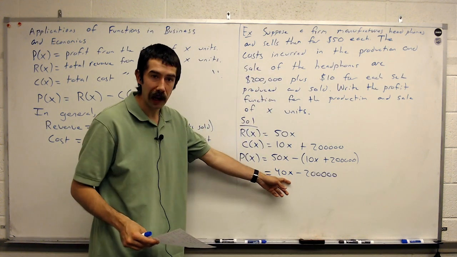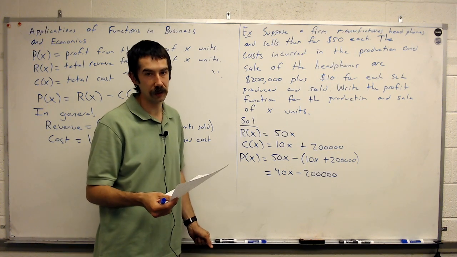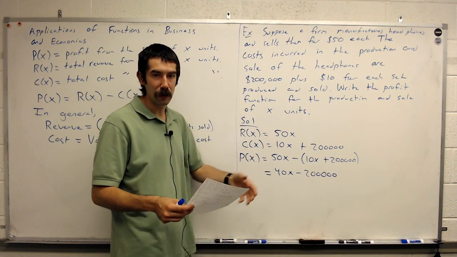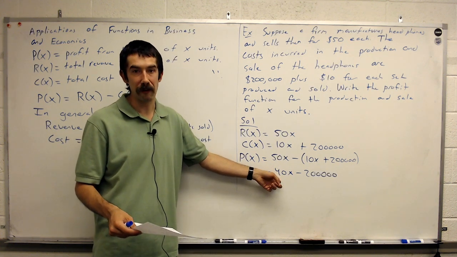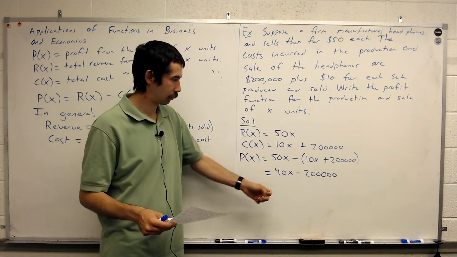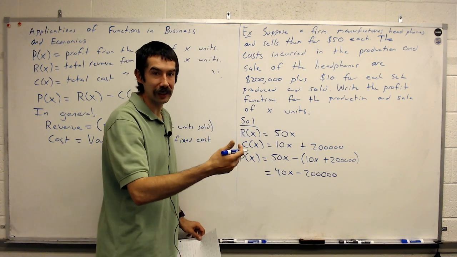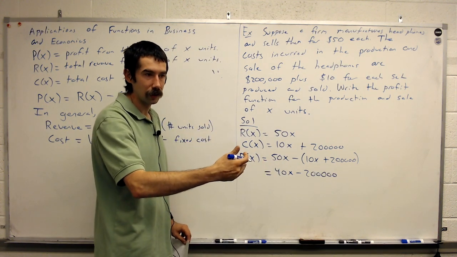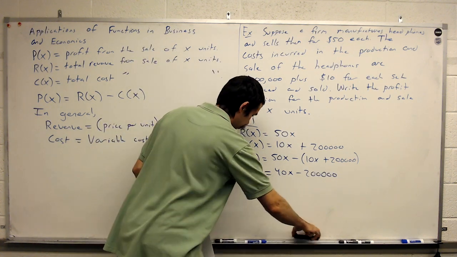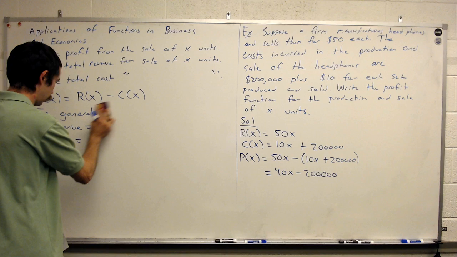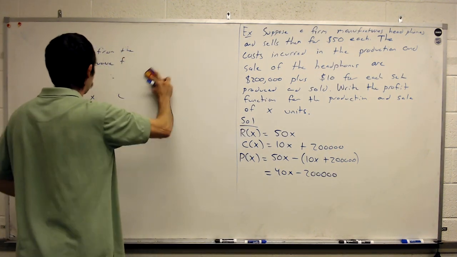If we sold no headphones, we would be $200,000 in the red. But as we sell headphones, our profit keeps increasing by $40 for each pair of headphones that we sell. This number 40 tells us how much our profit increases for each additional headphones we sell. That's called the marginal profit. All right, so let's define that so you can have it in your notes.